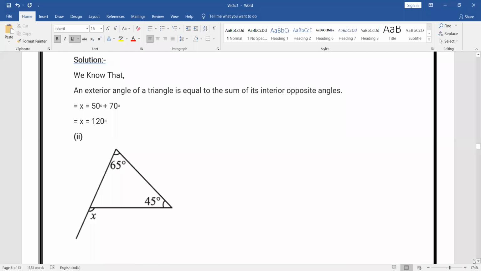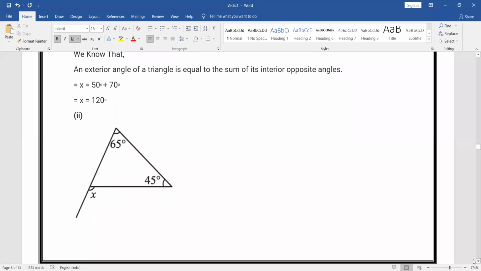Again, one diagram is given to you and you have to find out the unknown value. Seeing the diagram, you can easily find out the unknown value. Here also this exterior angle x is equal to the sum of these two interior angles.